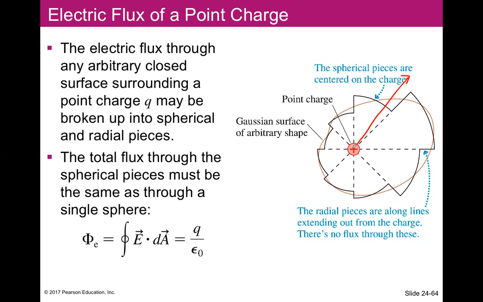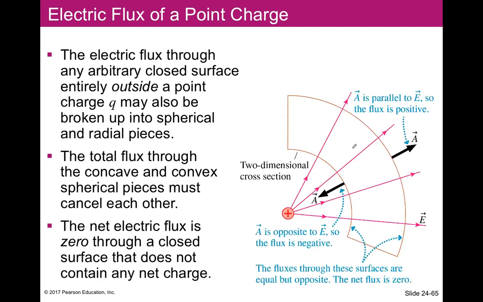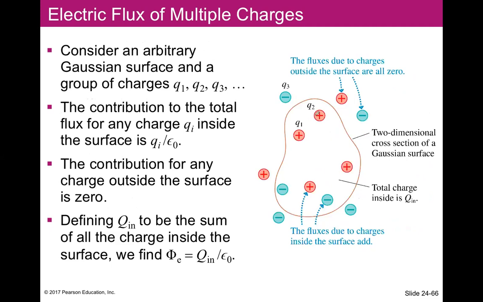This is for a single charge system. If you have multiple charge systems, it's the same thing. For example, for Q2 and Q1, it has some field lines going out. For some negative charges, it may have some field lines going in. But as long as you make a surface which contains all the charges, then no matter which shape is the surface, the flux should be the same.